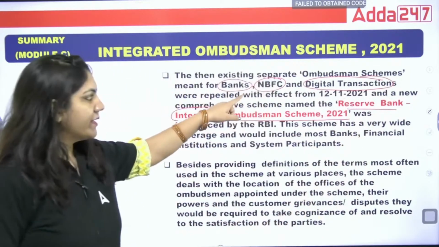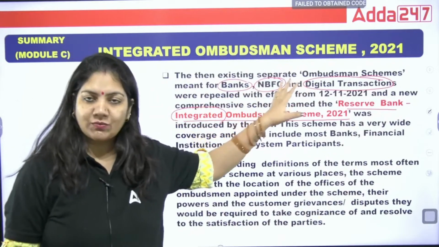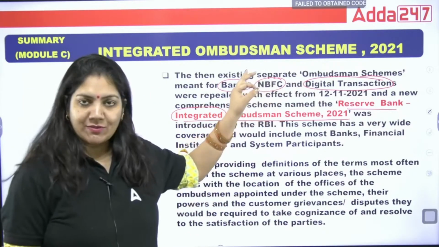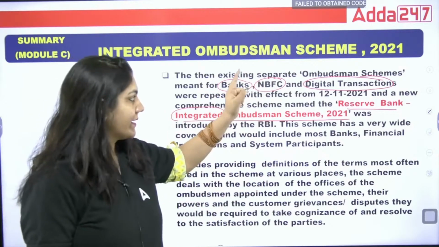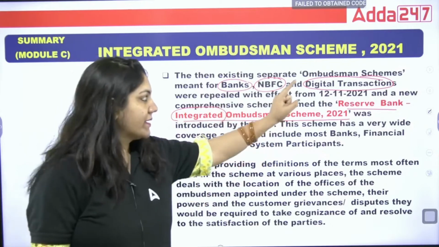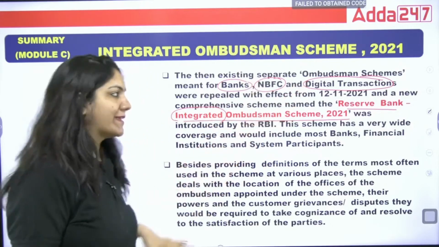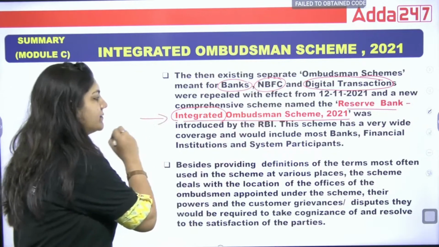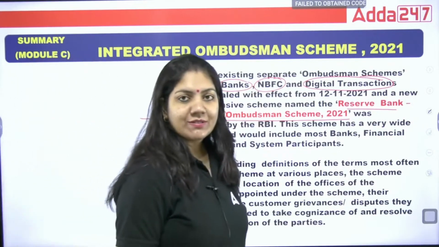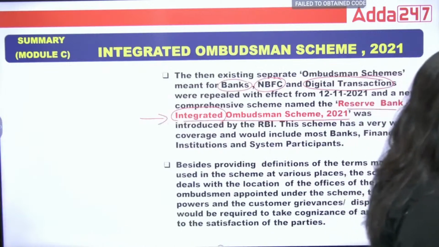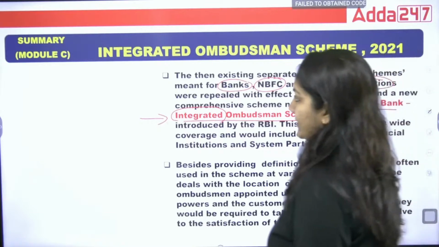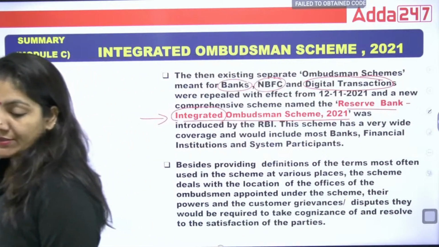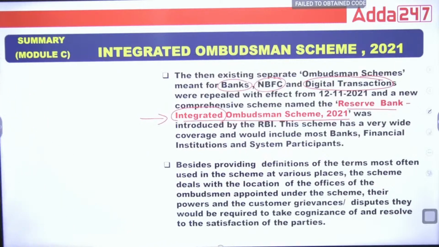These three separate schemes were there, but they have been removed. Now complaints regarding banks, NBFCs, and digital transactions all come under this act. This is the basic purpose of the act, the Integrated Ombudsman Scheme 2021.